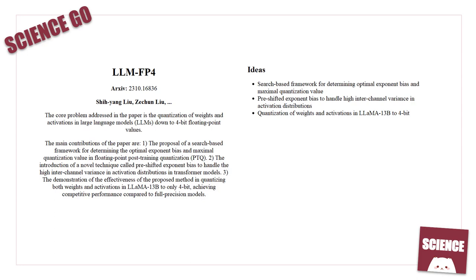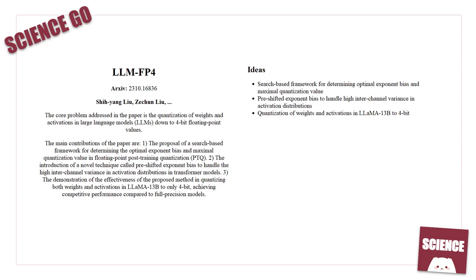The paper demonstrates the effectiveness of the proposed method by quantizing both weights and activations in Llama 13b to only 4-bit, achieving competitive performance compared to full precision models. This research is important because it allows for efficient and accurate quantization of LLMs, making them more accessible and usable in various applications.